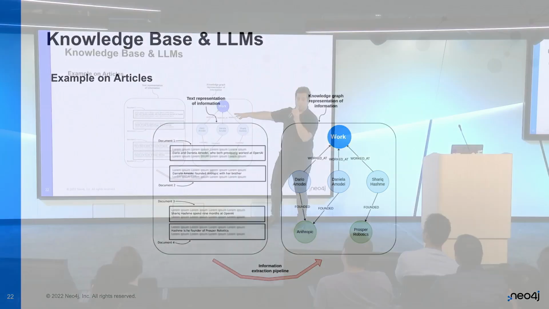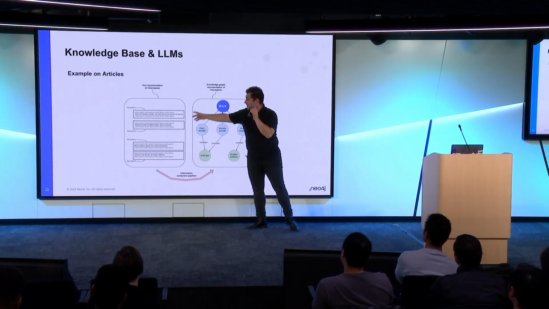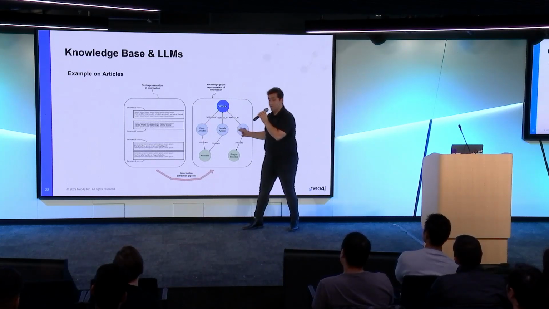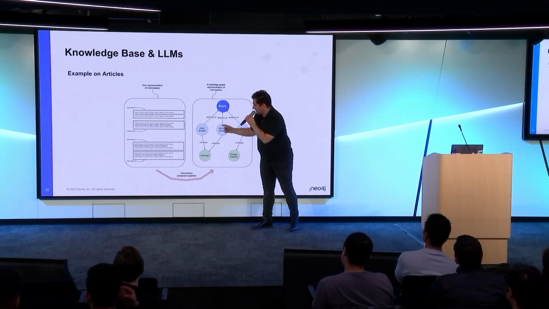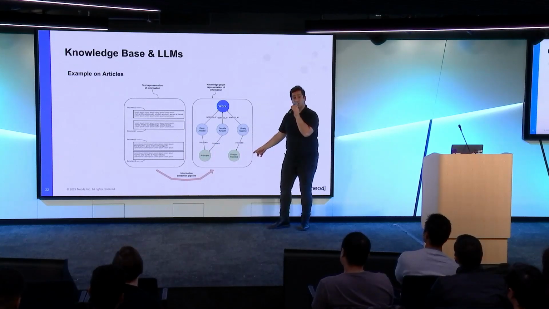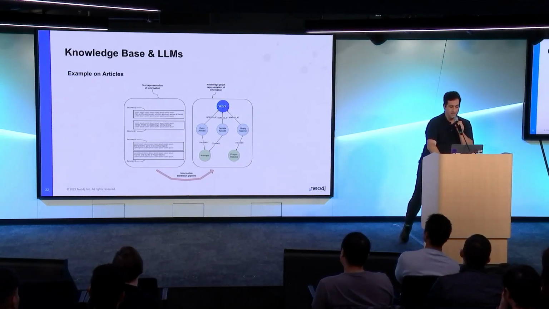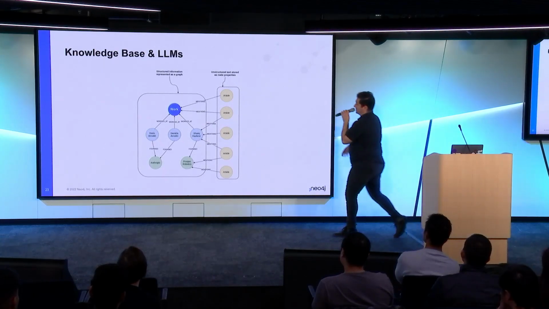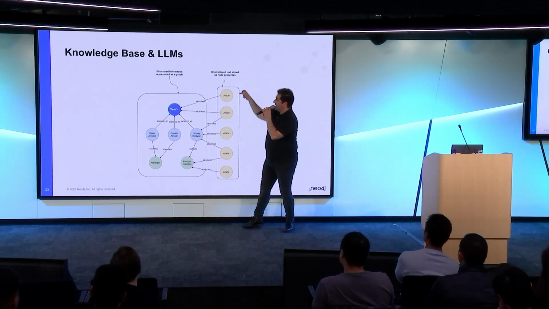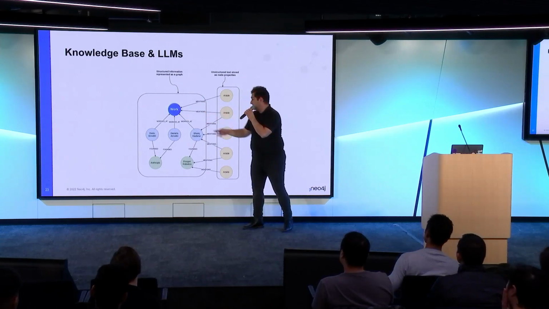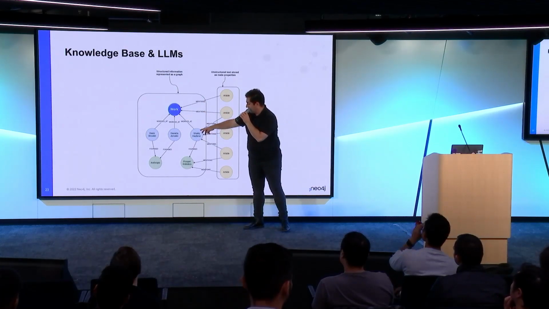We have a graph representation of documents. For example, these are the names of the authors, the people who wrote these articles. Also, we know that these are funded by maybe different companies, and they work for this company. They also publish different articles, and these articles mention the name of this company, or this article mentioned this person who worked with this.